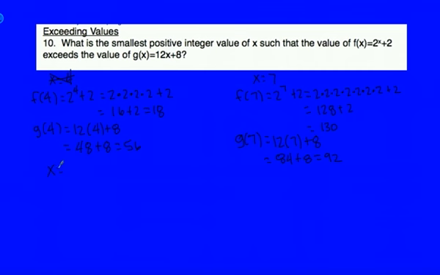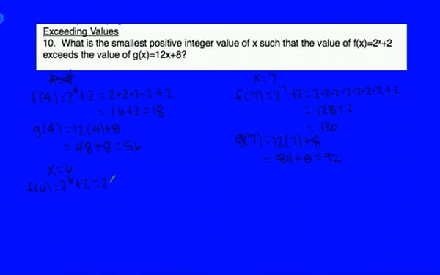So let's try 6. If we do 6 and we see that f of x is still bigger than g of x, then we know we need to go down again. So we'll do f of 6 equals 2 to the 6th plus 2.